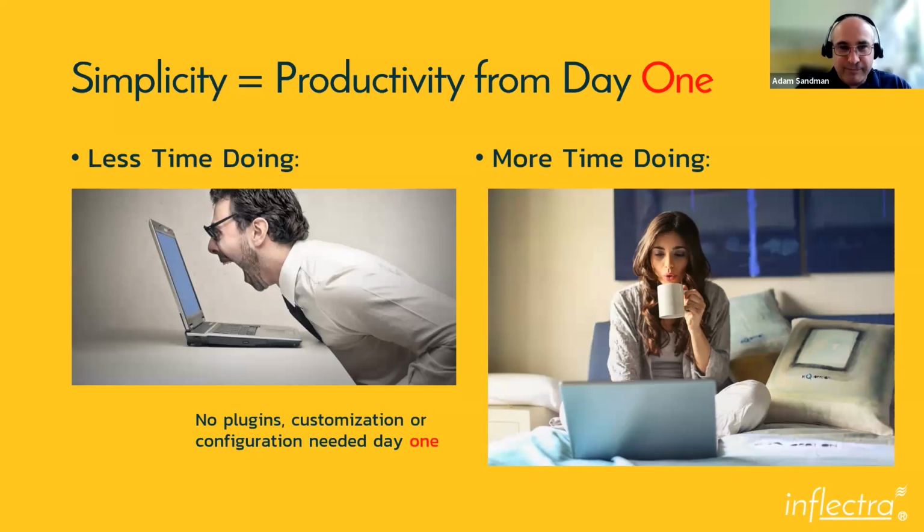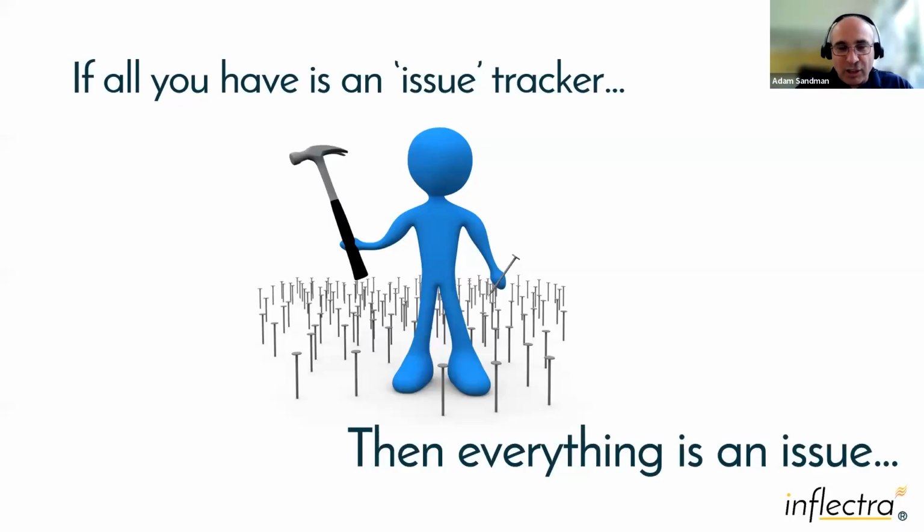And in that vein, a lot of tools that we have customers coming from, they see everything as one thing, an issue. It's like the hammer and the nail analogy. If you have an issue tracker, then everything is really an issue. And in Spira, one of the design decisions that's a bit different than some other tools is we have discrete artifacts, and you'll see that we have requirements, which includes things like user stories, epics, features.